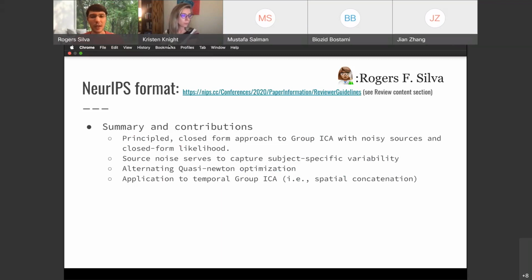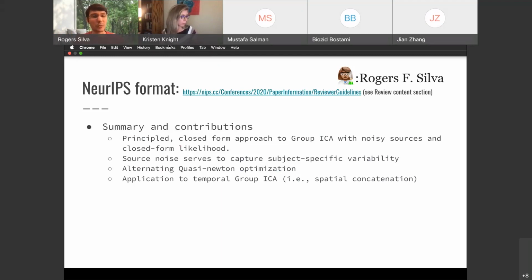For example, they have people watching Forrest Gump. So it's resting state, quote unquote, but it's actually natural stimulus. They're watching a movie and being scanned as they watch the movie. So these time series are really long. It's 2 hours long. So that's the observation here.